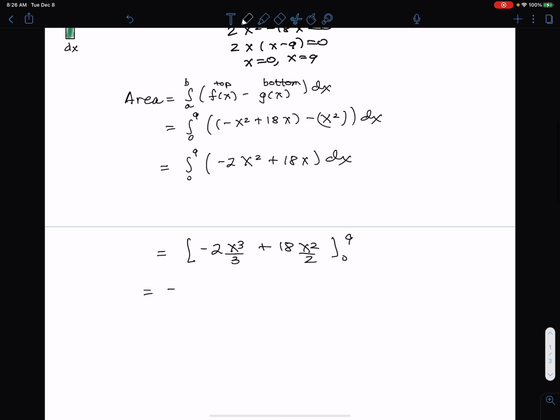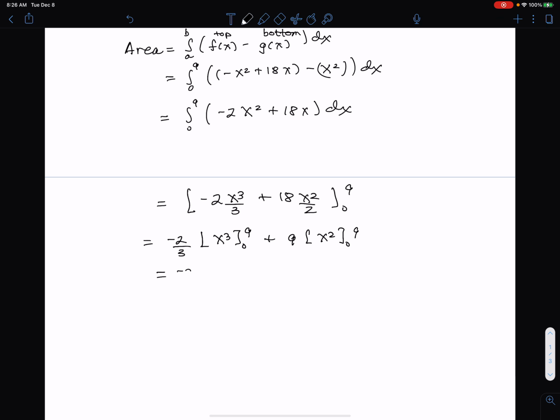So I'm going to write negative 2/3 x to the third power from 0 to 9. I'm basically using the distributive property by evaluating each term. x to the third, I'll go from 0 to 9. 18 divided by 2 is 9, and then I'll do x squared from 0 to 9. So it looks like I'm going to get some big numbers, but maybe I can try to be clever about this.